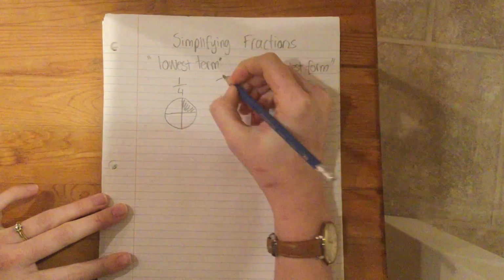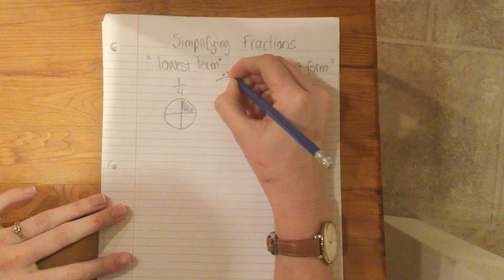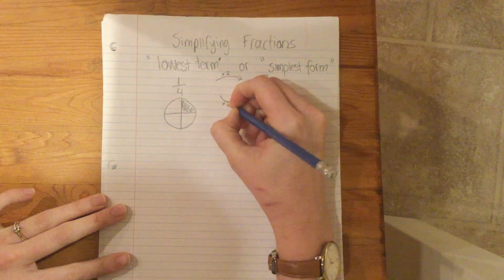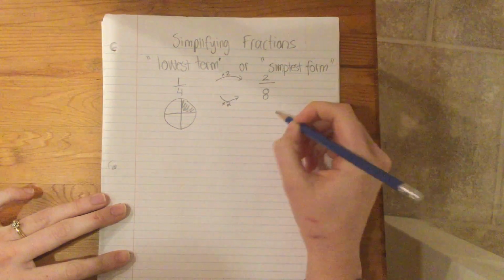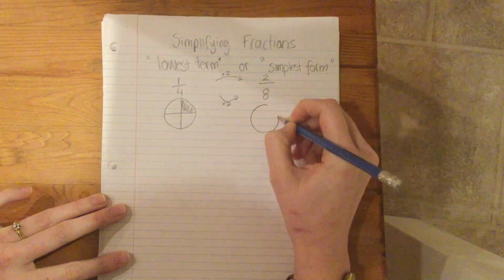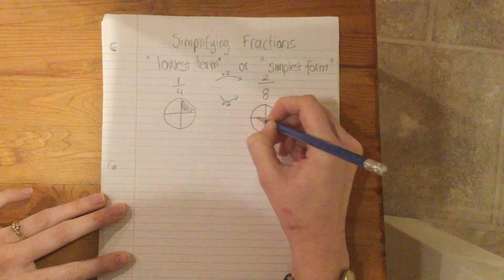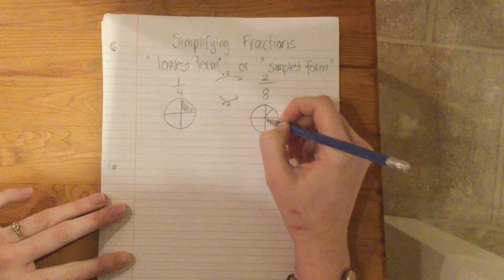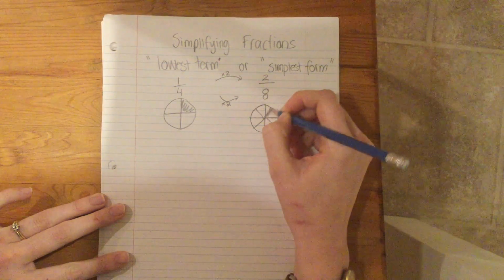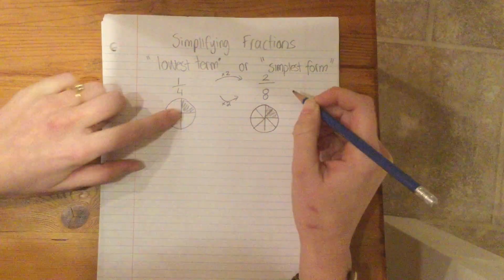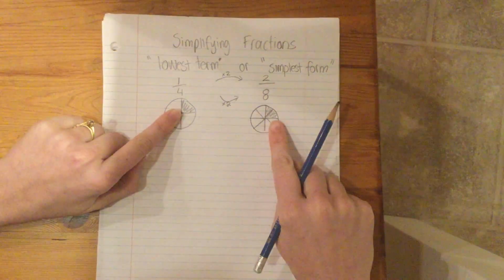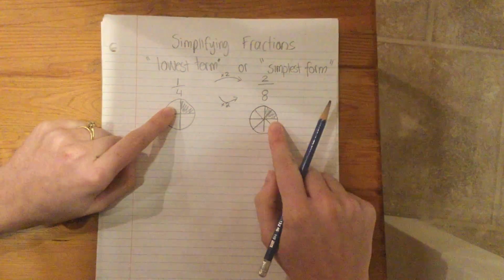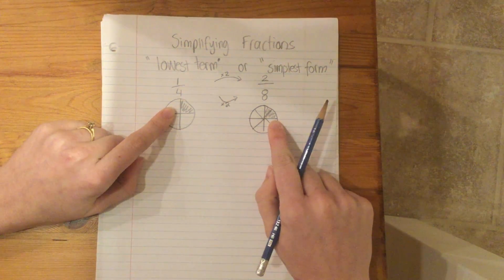And we got 2/8 by multiplying both the numerator and the denominator by the same number, and in this case it was 2. So as you can see, when we draw 2/8 and shade them in, it's equivalent to 1/4. They are the exact same amount, so it's fair, it's equal.